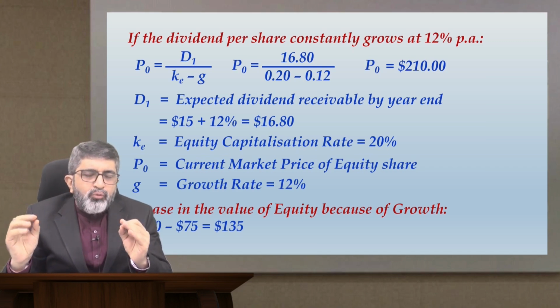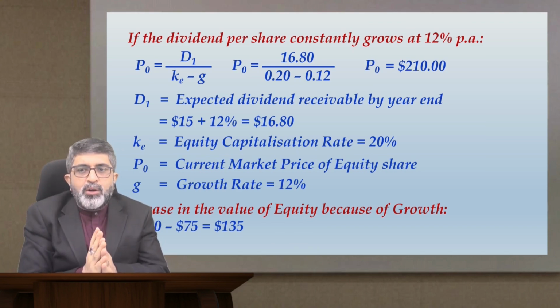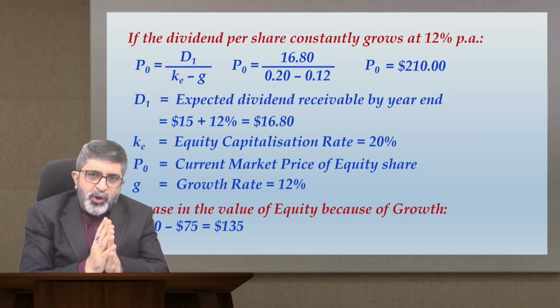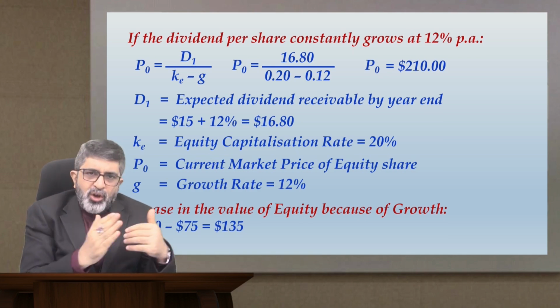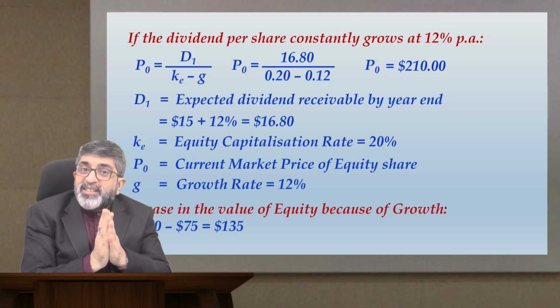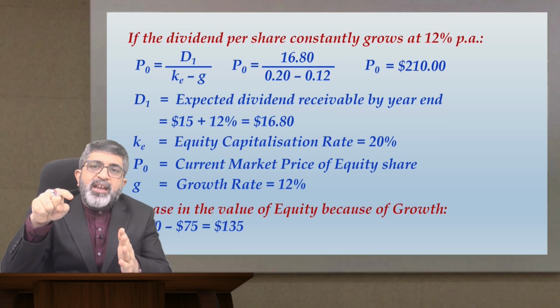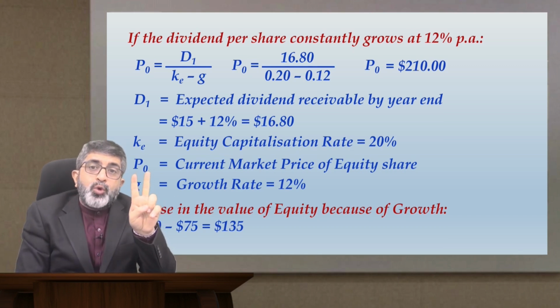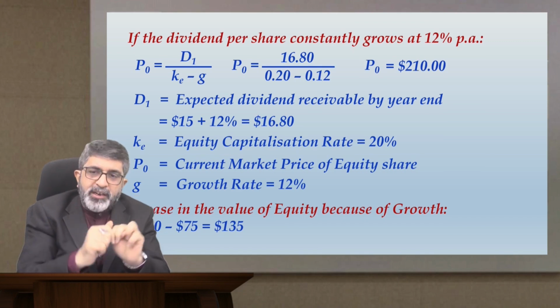Can I bring one more point of explanation over here for utmost clarity? Sometime back in your classes earlier, you have seen one thing, that KE is the aggregate of two components, dividend yield rate and growth rate.